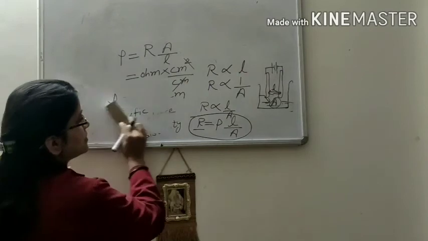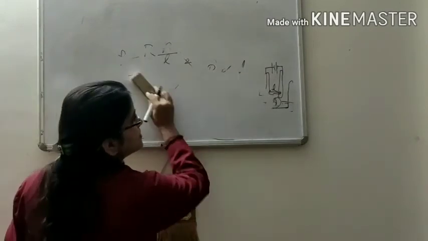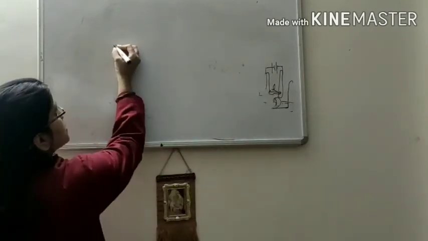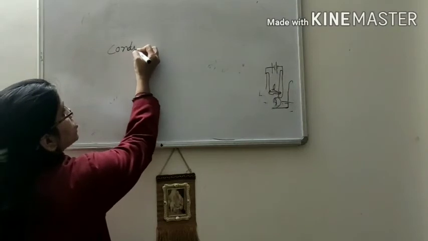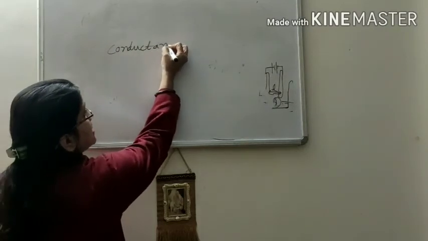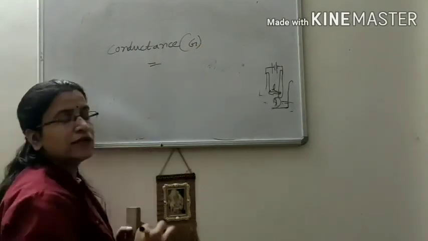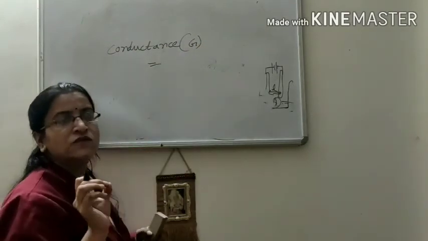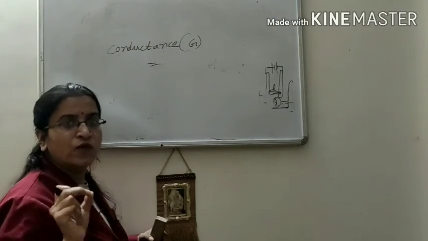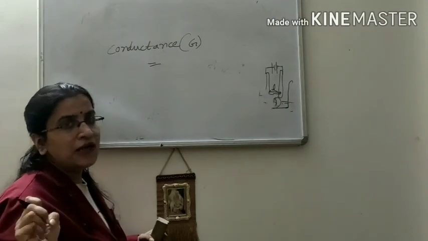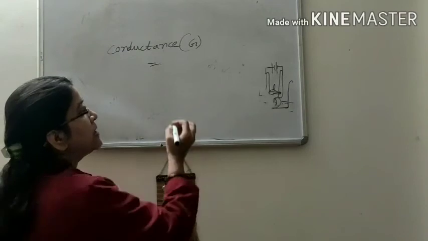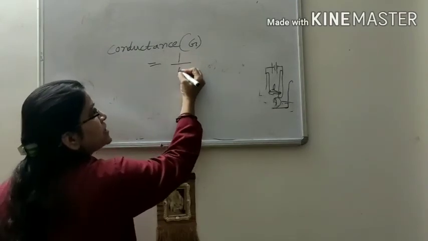Next, conductance. This conductance is denoted by G. What is conductance? It is a term which is used to measure the flow of current in an electrolyte. It is the reciprocal of resistance.